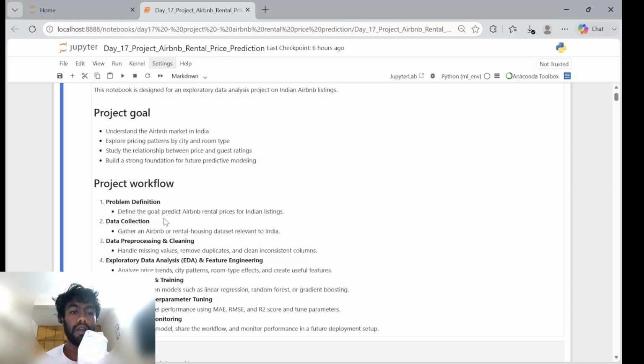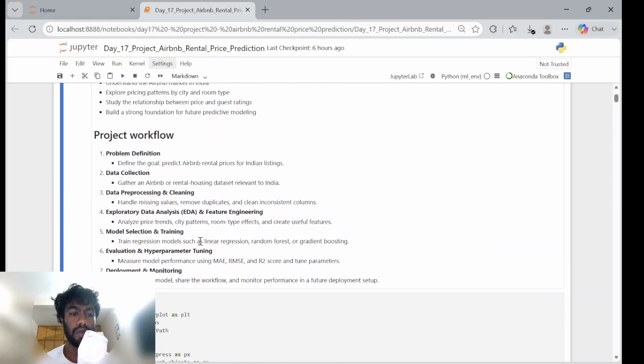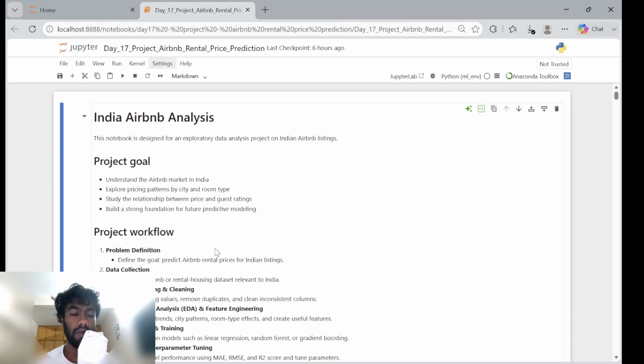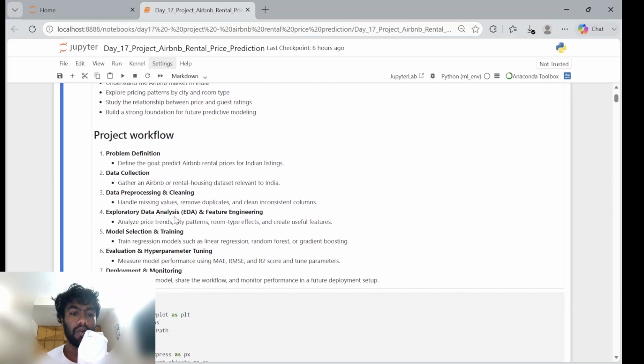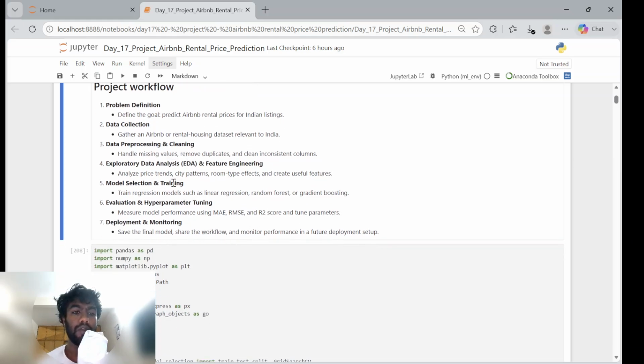So, we define the project goal with respect to price prediction on Airbnb Indian listings, and we have a dataset which we are going to use for that, the Indian Airbnb dataset. We are going to do pre-processing steps such as handling missing values, removing duplicates, and fixing inconsistent columns.